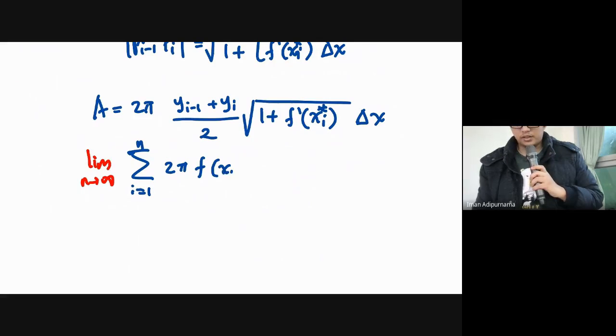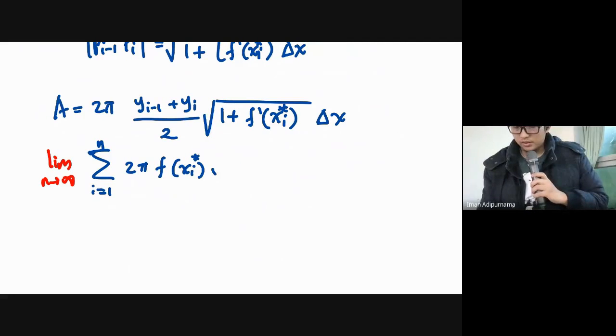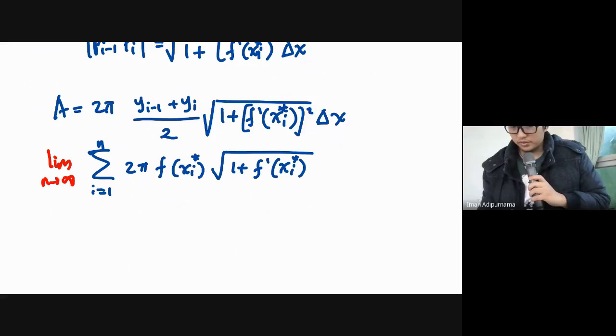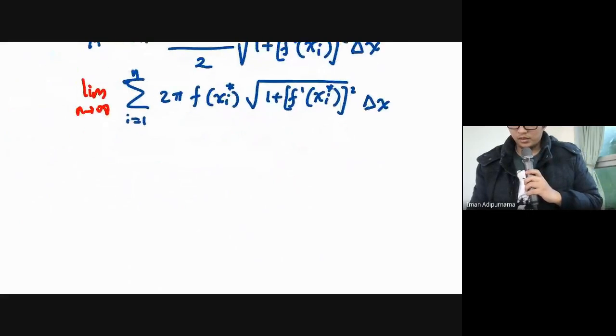Let's say this is the f of xi, the whole y plus yi over 2. And this is, oh sorry, it's squared, and delta x.